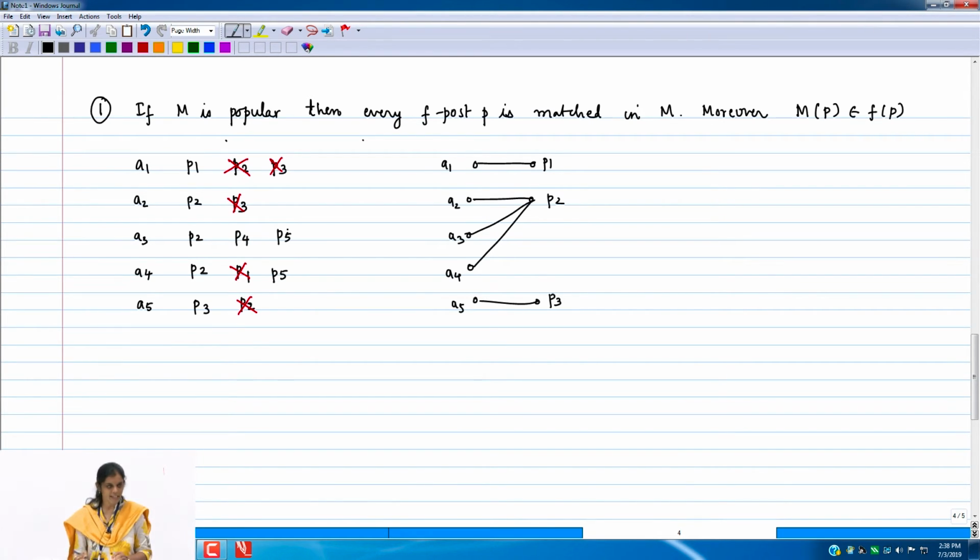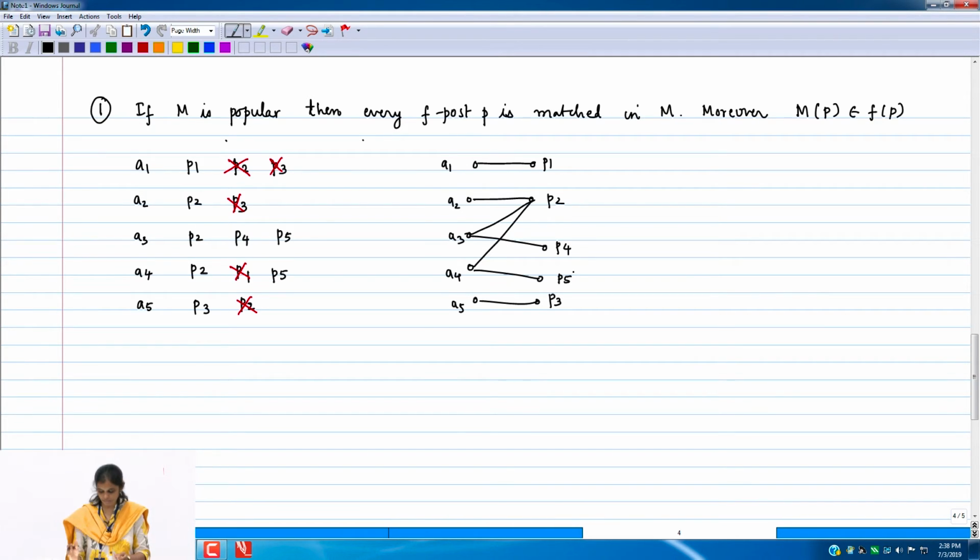So again, we will try to add that and see whether we can formalize this. Let me add this edge A3 P4 and A4 P5, right? So what I have done is, for every applicant I have selected its F post and added edges to that. That was my first step.